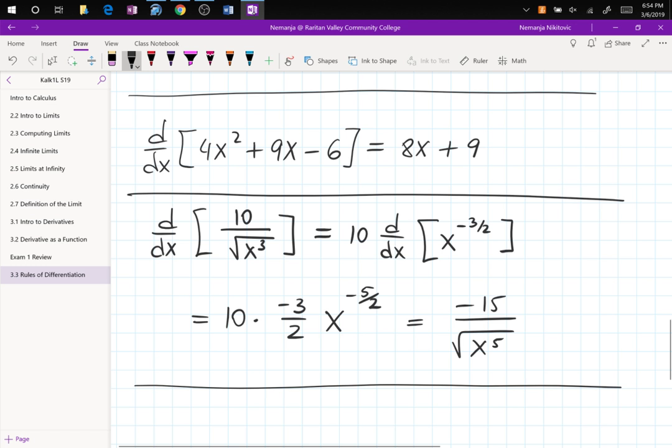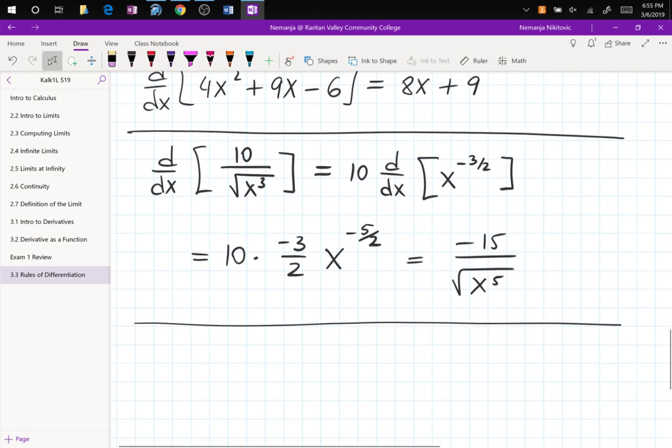Yes? I have an algebra question. Why is the 10 being multiplied? Well, the 10 is the numerator, right? So it comes out, so that's that 10, and then it cancels. When you are dealing with fractions, the numerator multiplies, denominator divides. So as you are looking at, let's say, 10 over x, this is 10 times 1 over x, because you can write it as 10 over 1 times 1 over x.